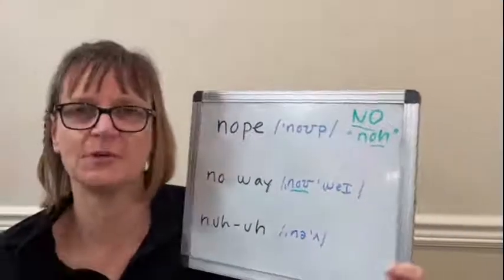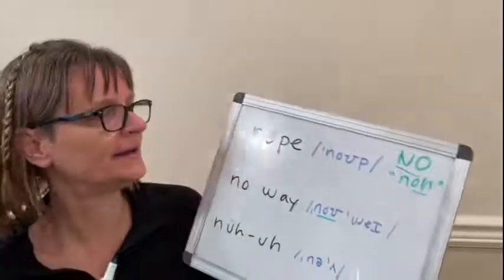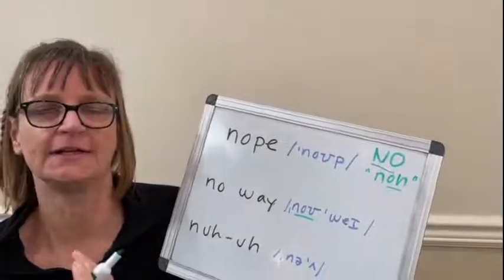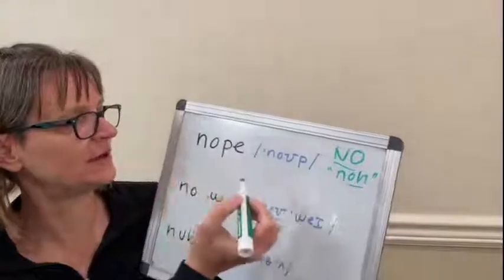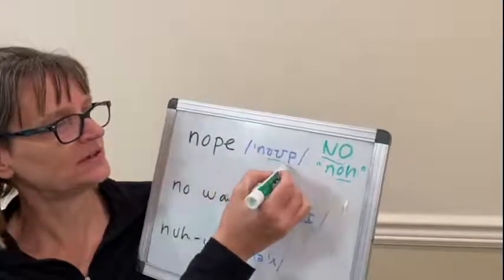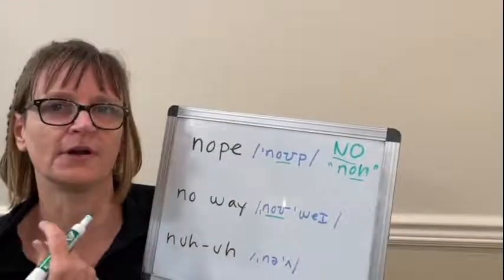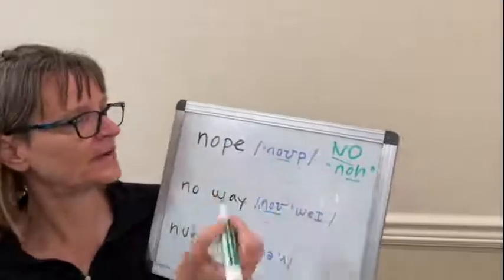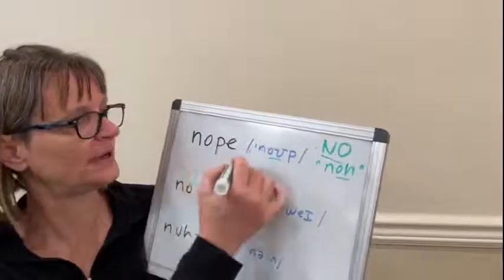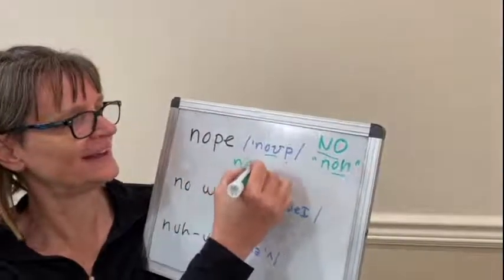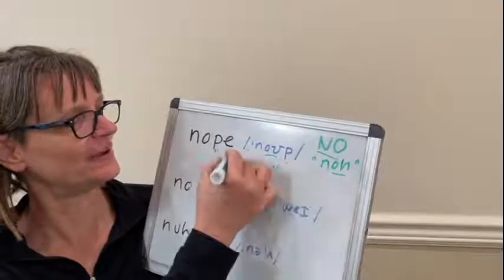Another way to say no in English is to say nope, which is more casual, and it's basically the O sound with a P at the end. Nope rhymes with words like rope or soap, so we could rewrite it like the word soap.